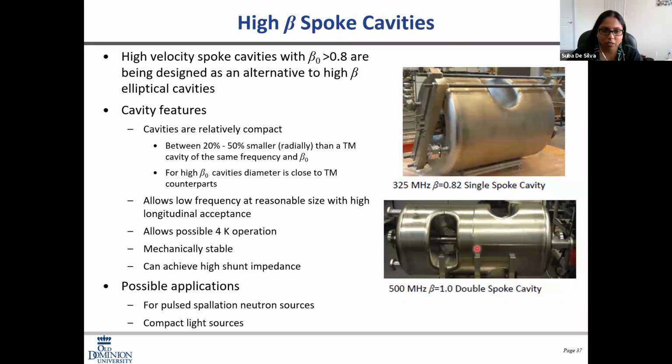But these are very good for small compact light sources or small machines where you can have 4K operation. At 4K operation, these have high mechanical stability, and you can design those cavities to have high shunt impedances, so you have much smaller power losses. So you have the freedom to optimize these cavities to suit the application.